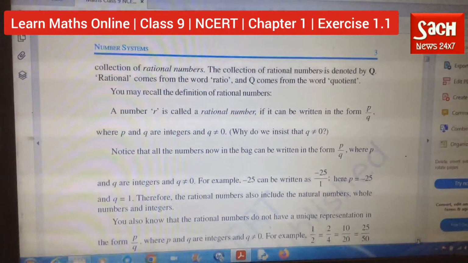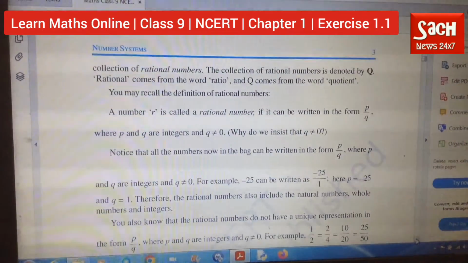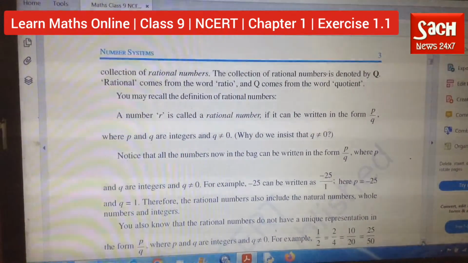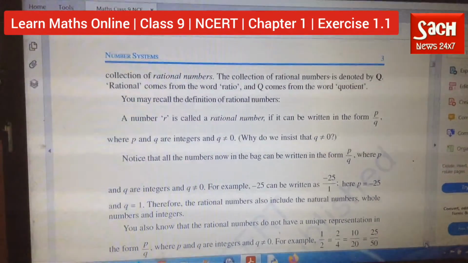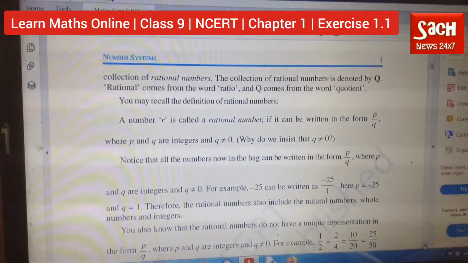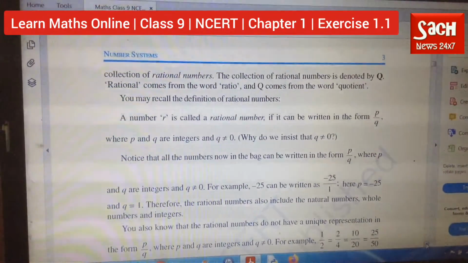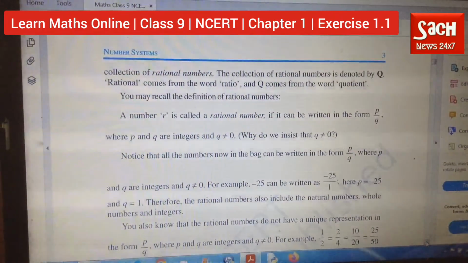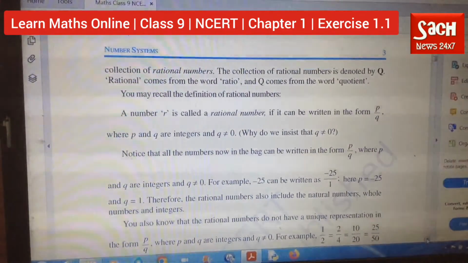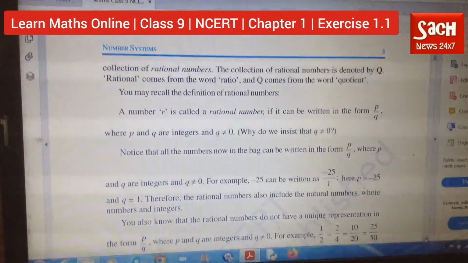A number r is called a rational number if it can be written in the form p/q, where p and q are integers and q is not equal to 0. For example, -25 can be written as -25/1. Here p is -25 and q is 1. Therefore the rational numbers also include the natural numbers, whole numbers as well as integers.